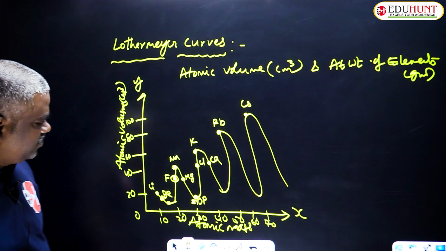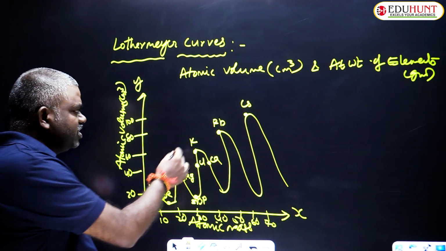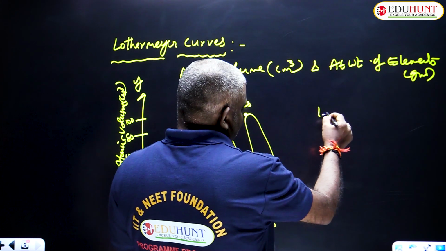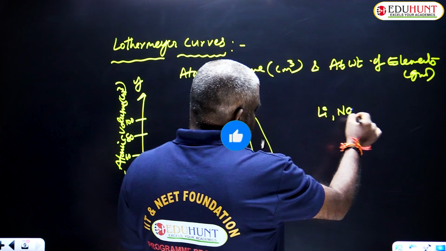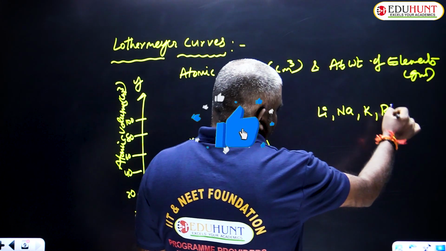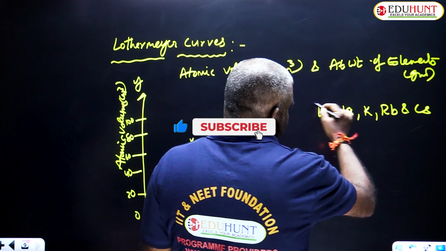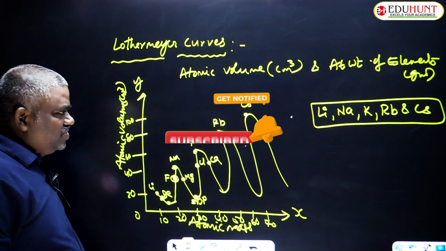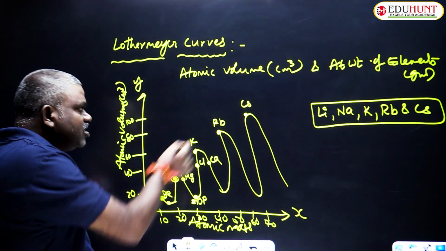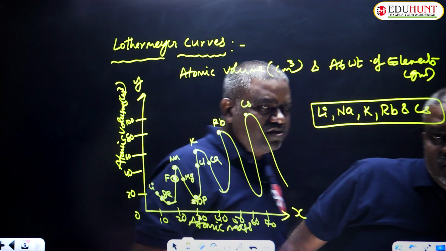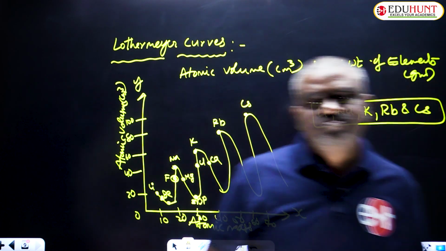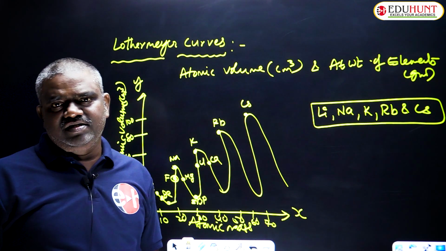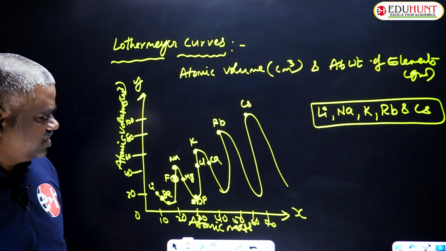Lithium, sodium, potassium, rubidium and cesium all occupy peaks, so they belong to the same group, meaning these elements exhibit similar characters.